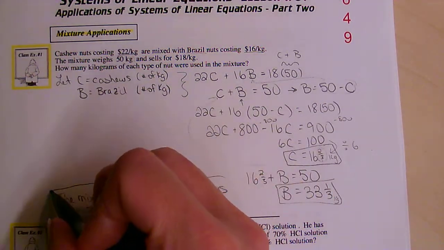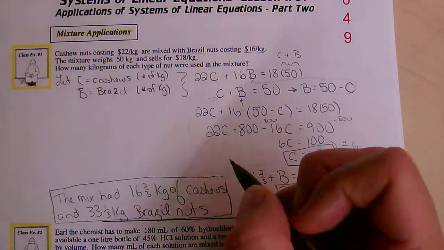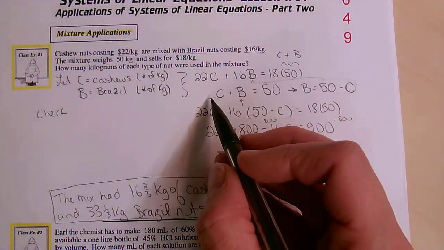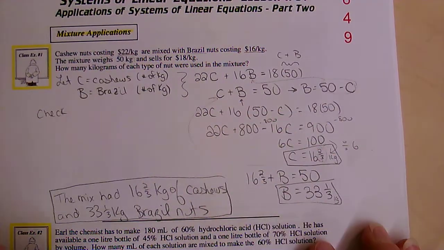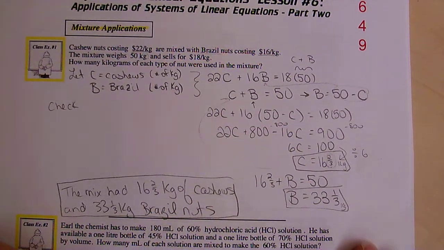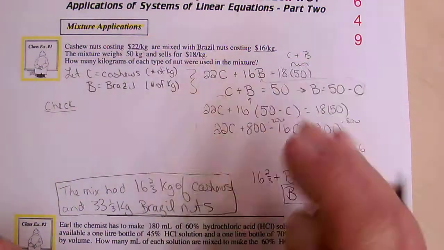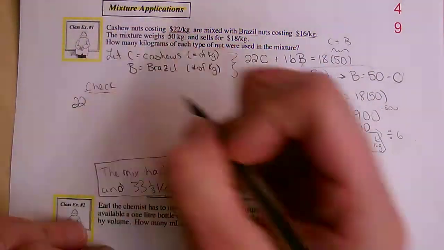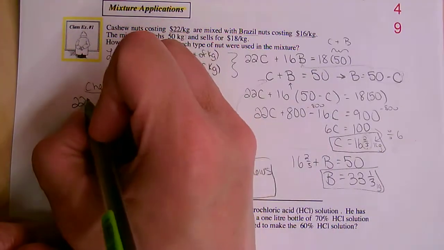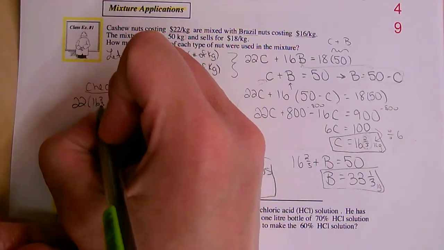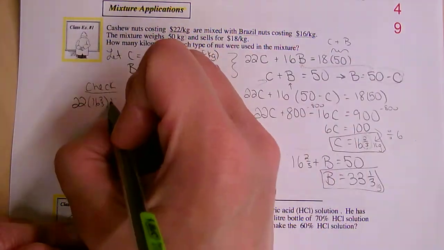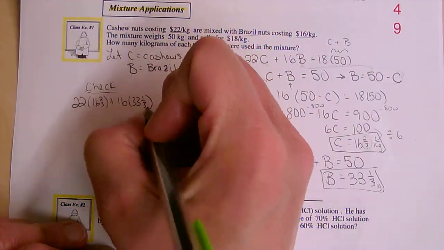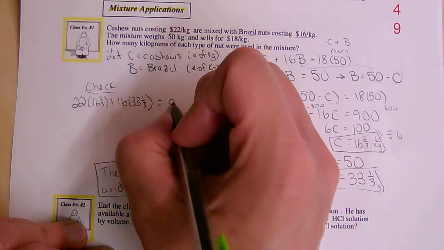Okay, and you would still want to do your check of left side, right side for both these two equations. Okay, and just because I'll do it still, we're kind of running out of time, so 22 times C is 16 and 2/3 plus 16 times 33. Oh, and we should talk about our answer. That's equal to 900.